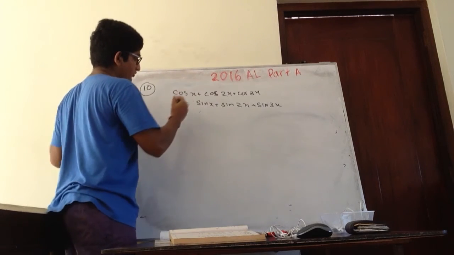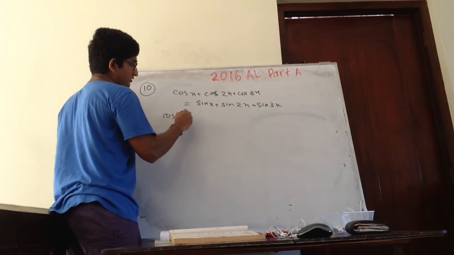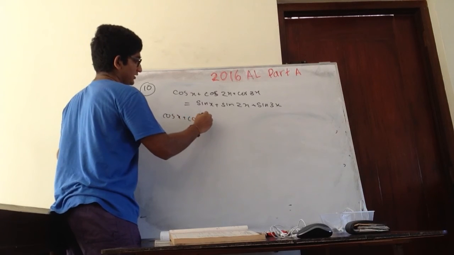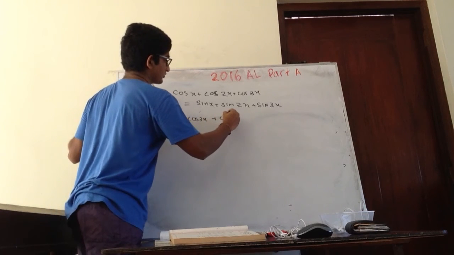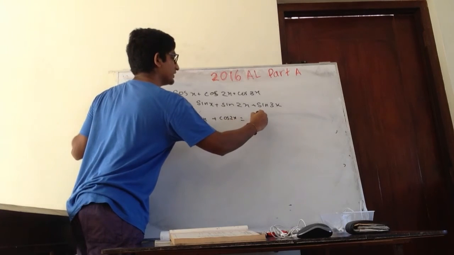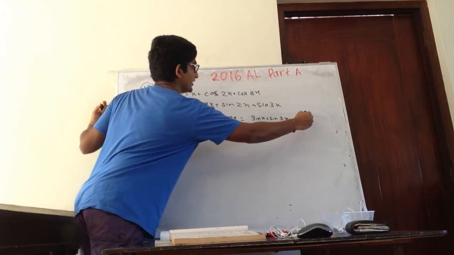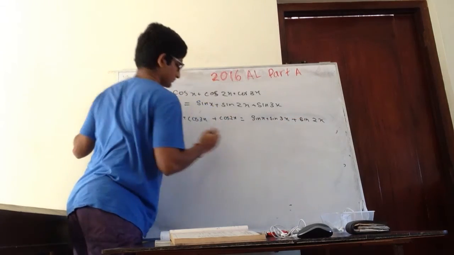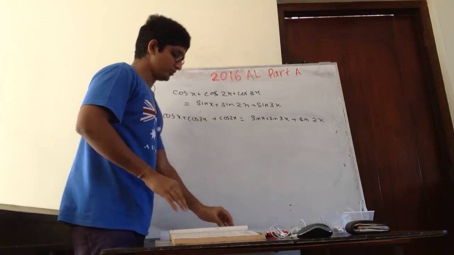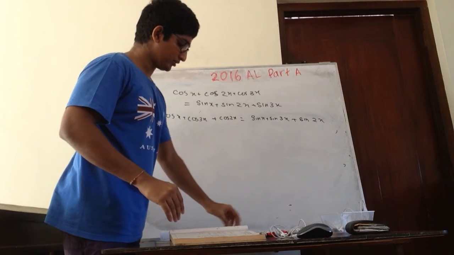That's the reason I am doing this. So cos x plus cos 3x plus cos 2x is equal to sin x plus sin 3x plus sin 2x. Now let me remind you some theory.